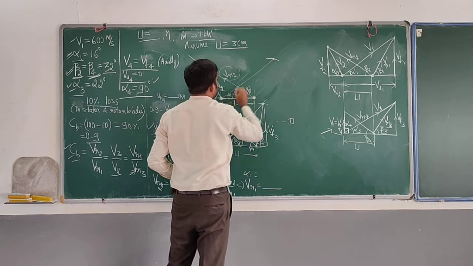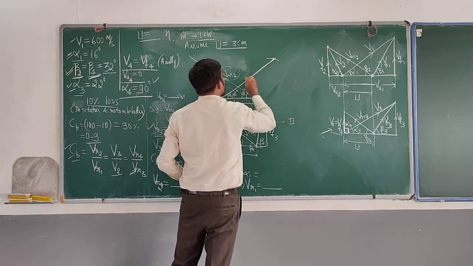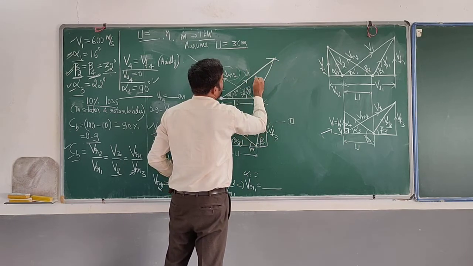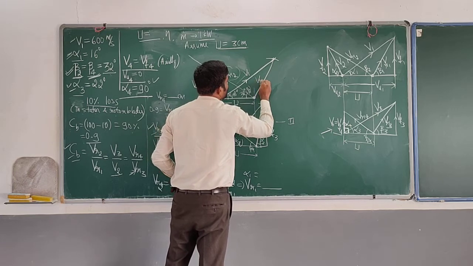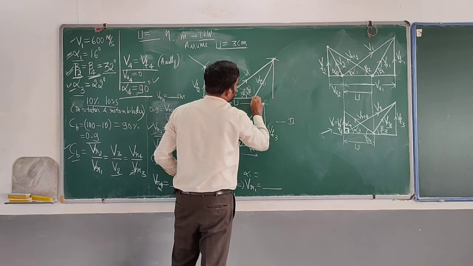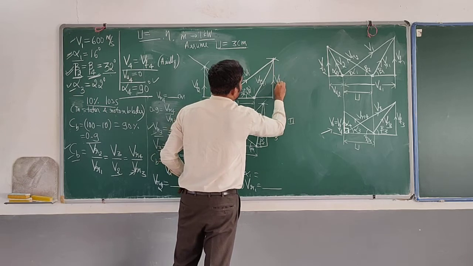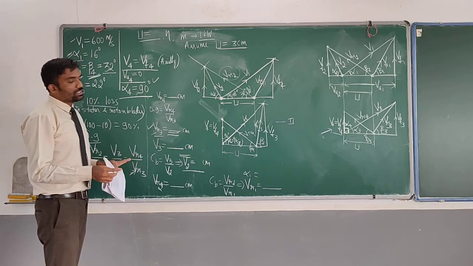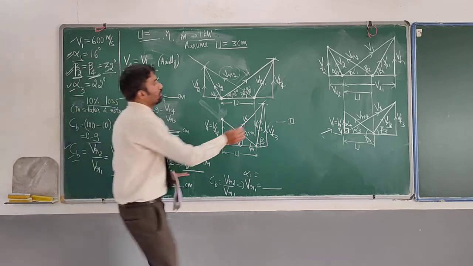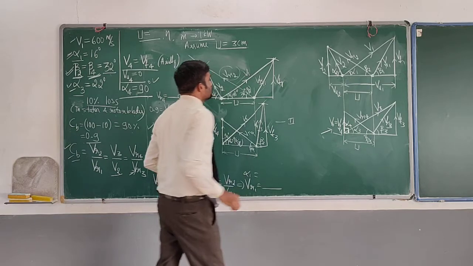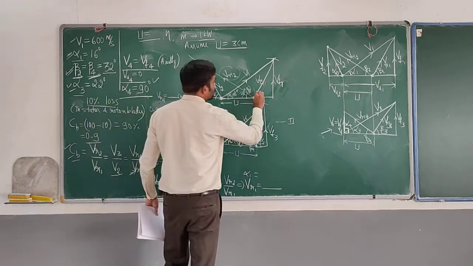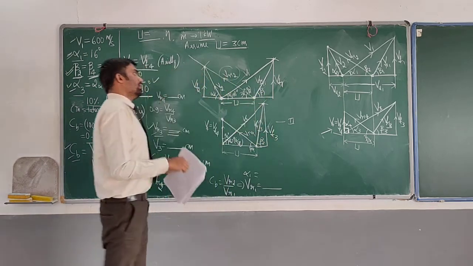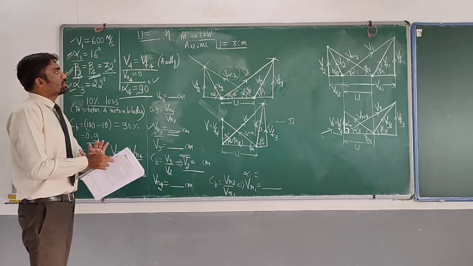This is the intersection point where V1 and VR1 meet. If I drop the perpendicular, I will get VF1. So this completes the velocity triangle. The parameters that I need, I can measure them. It is beta 1 over here, and I can find the answer to the question asked in the problem.